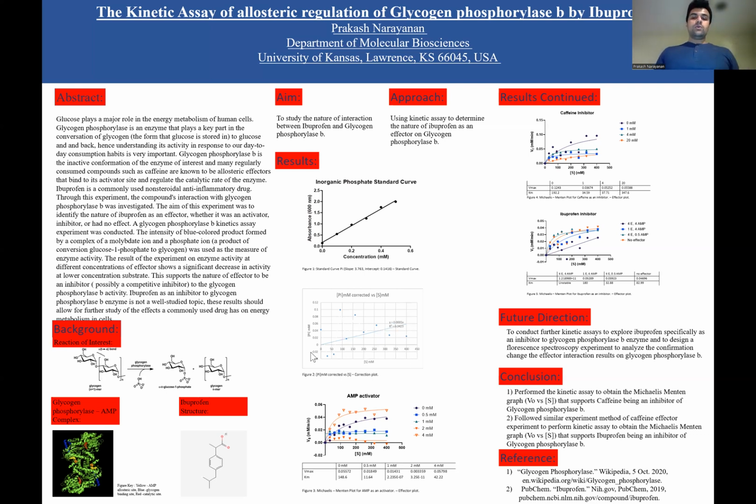In figure 2, we see how the reaction or enzyme activity can be monitored because the inorganic phosphate concentration increases with the substrate concentration. Also, this figure acts as a confirmation to inorganic phosphate being a product of the reaction.